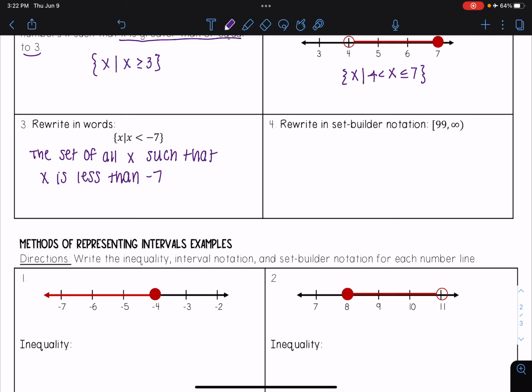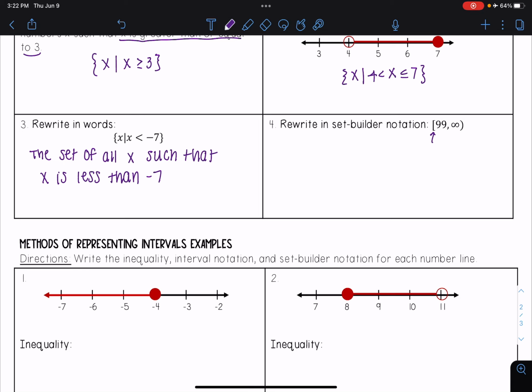Okay, last one. I want to write this in set builder notation. This time it's an interval notation, and I see I have a square bracket 99 comma infinity. Thinking in terms of what that looks like written as an inequality, I know I'm going from all numbers bigger than 99, and since this is a square bracket, I am including 99.